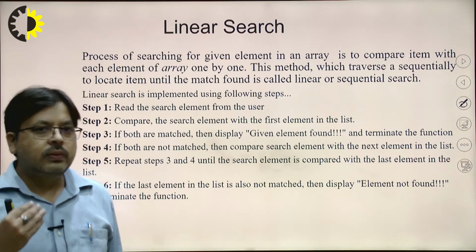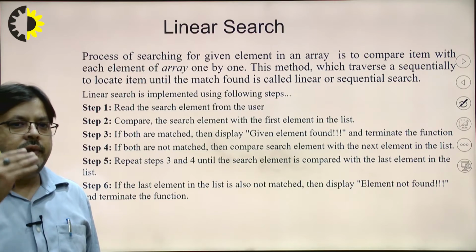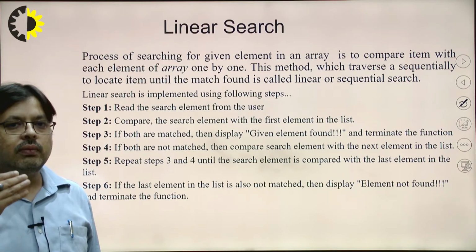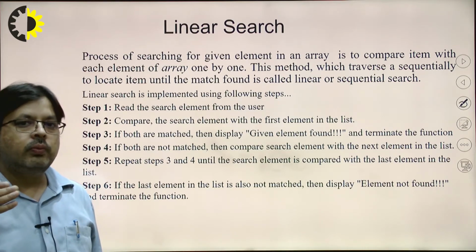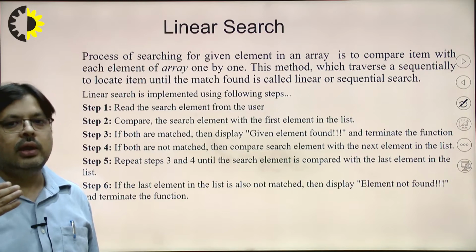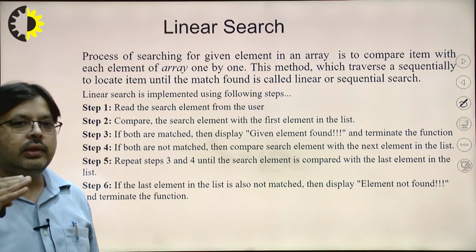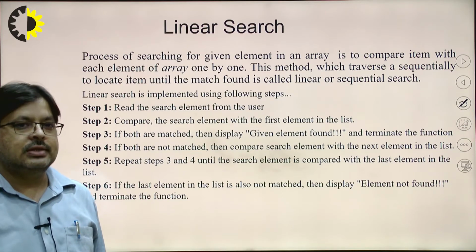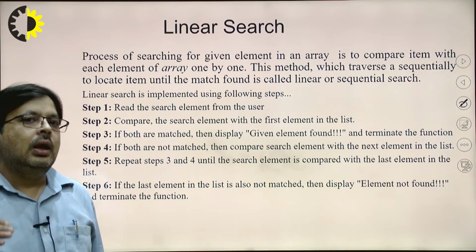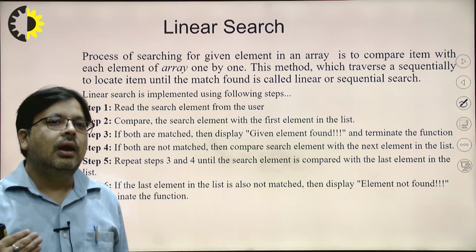This linear search process does a very simple thing: it starts traversing the array from the beginning and continues until we find our element. As and when we find our element, we stop searching. It may continue till the whole array is exhausted. If the whole array is exhausted and we are not able to find our desired element, this situation is called an unsuccessful search.